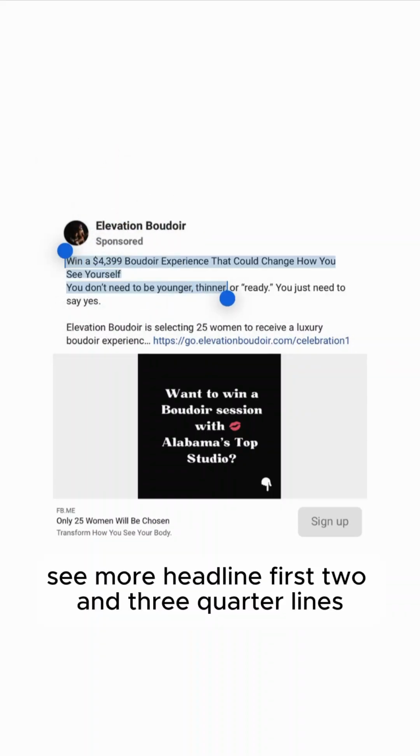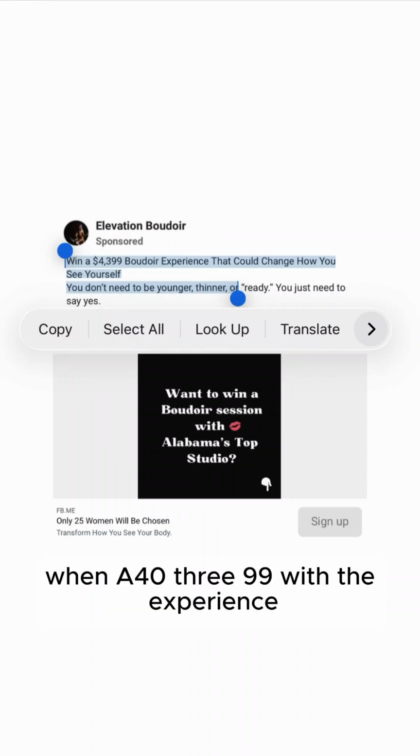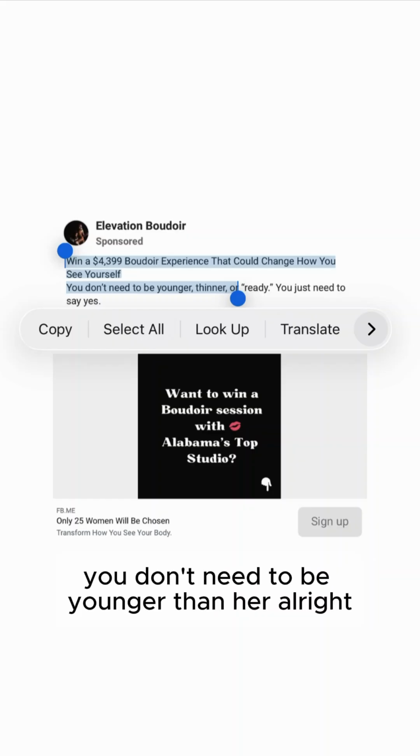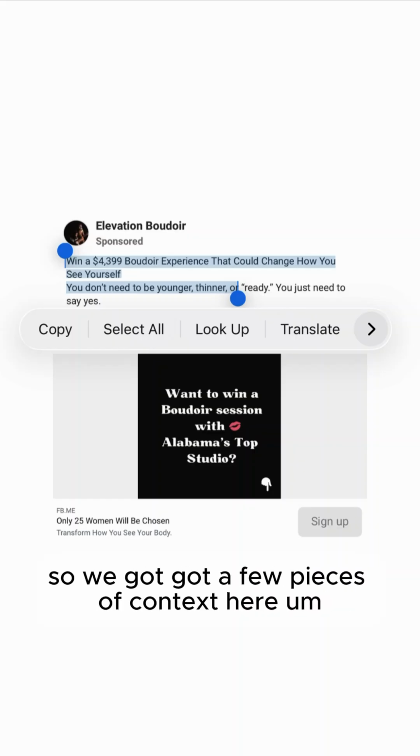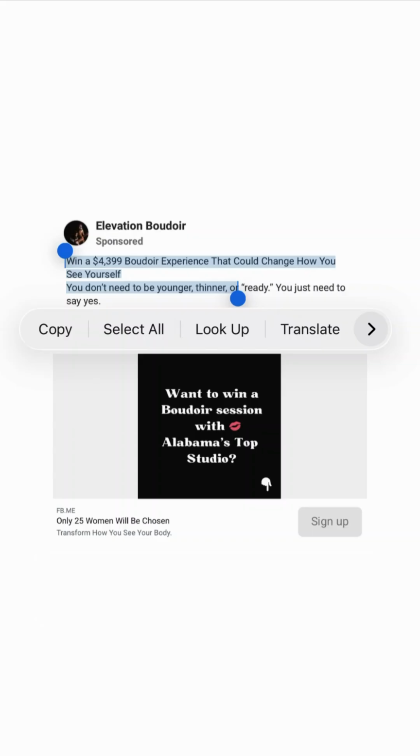Finally, we got the see more headline, first 2 3/4 lines, Facebook mobile news feed. Win a 43.99 Boudoir experience. It could change how you see yourself. You don't need to be young or thinner. All right, so we got a few pieces of context here, but we're still making the lack of context mistake.